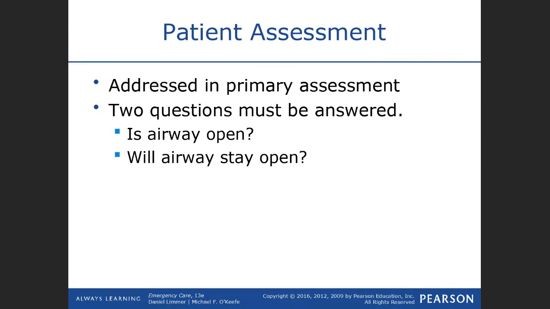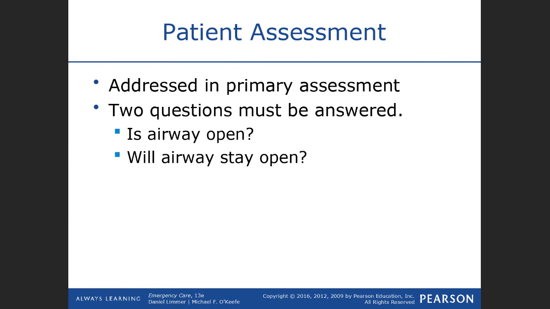Right now, the patient assessment phase. Once there is an airway issue, it must be managed in the first phase of your assessment of the patient. We call this the patient assessment. In the patient assessment phase, this is referred to as a primary assessment.